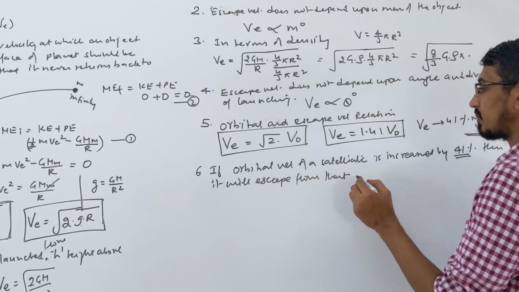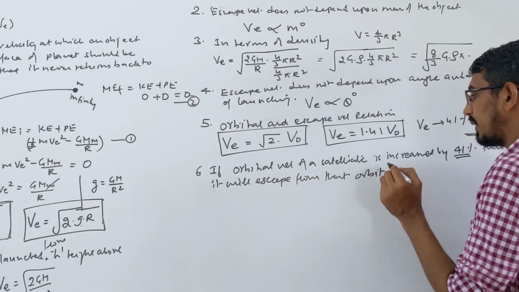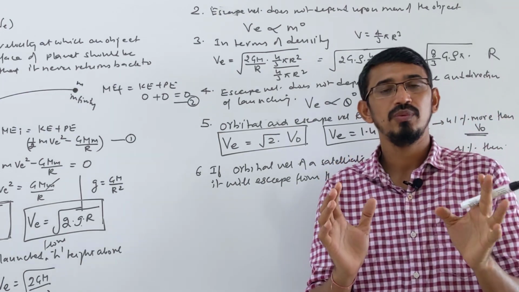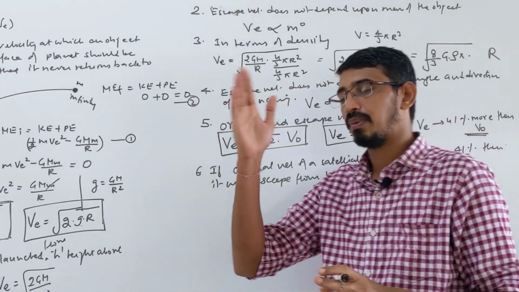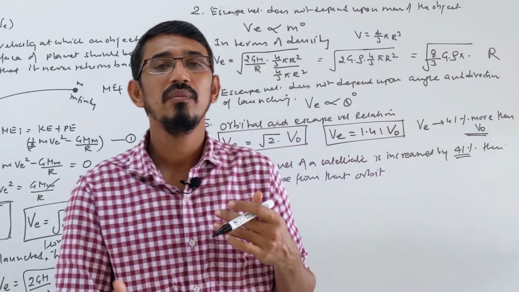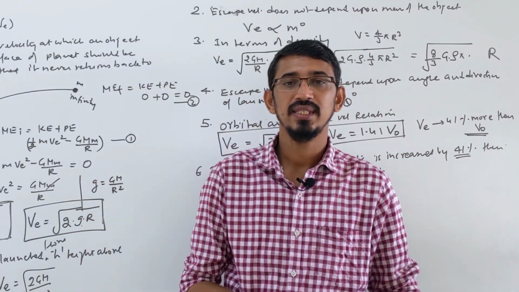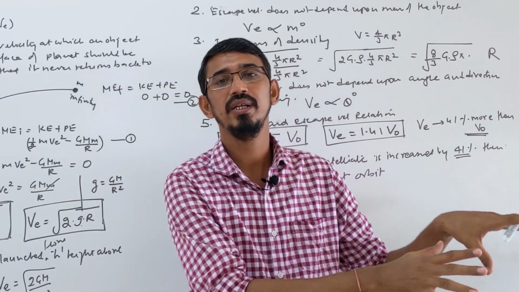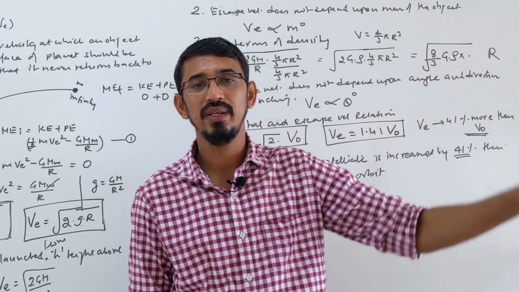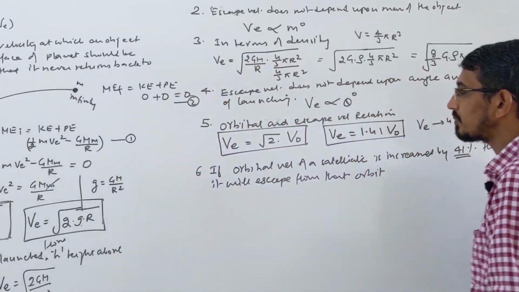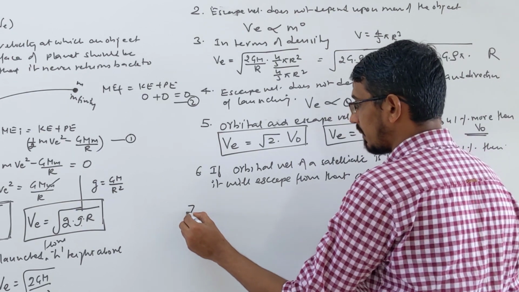If the orbital velocity of a satellite which is moving around a planet is increased by 41%, then it will escape from that orbit and go far away, and it never returns back. Okay. Sometimes they can ask this type of question.